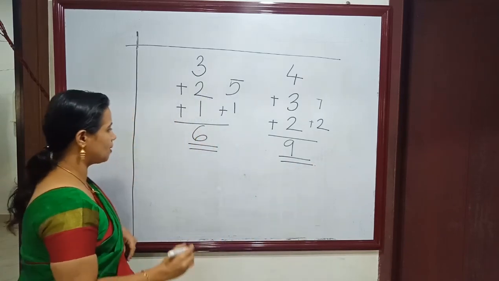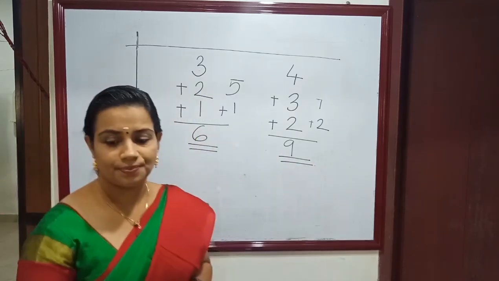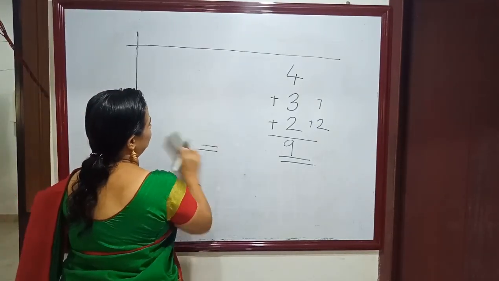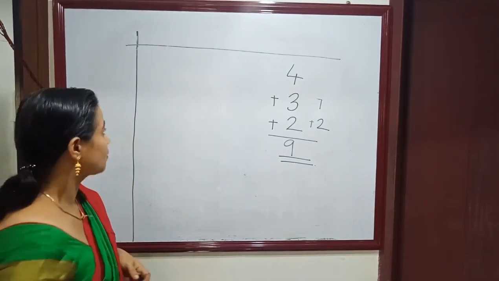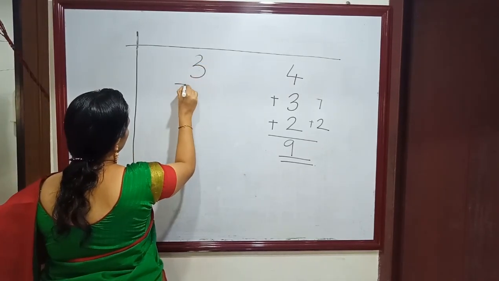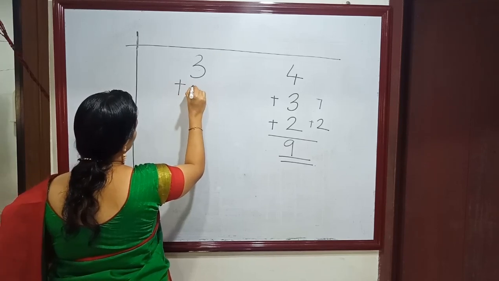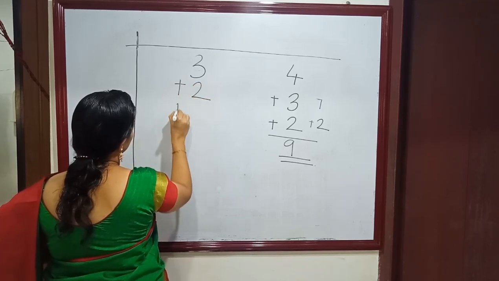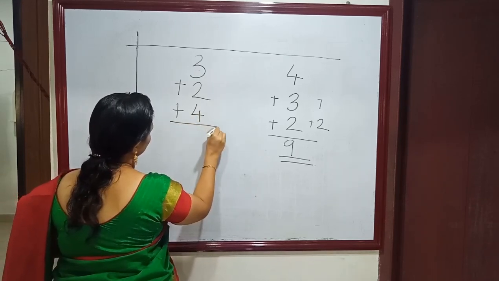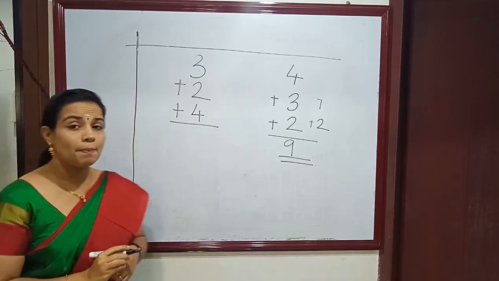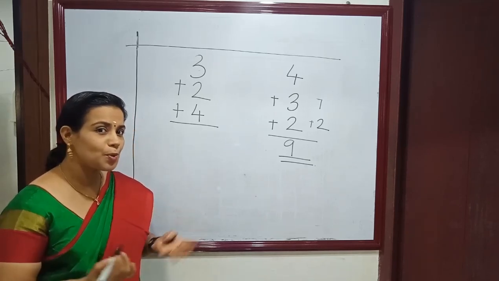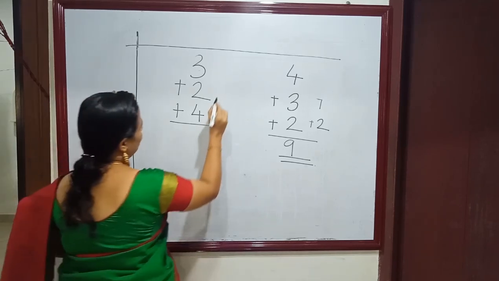Okay, one more example. 3 plus 2 plus 4. So 3 plus 2 is equal to 5.